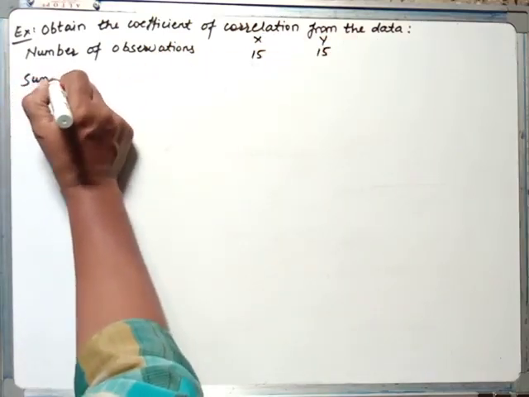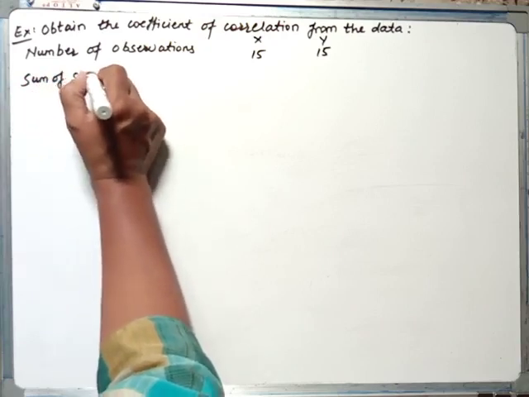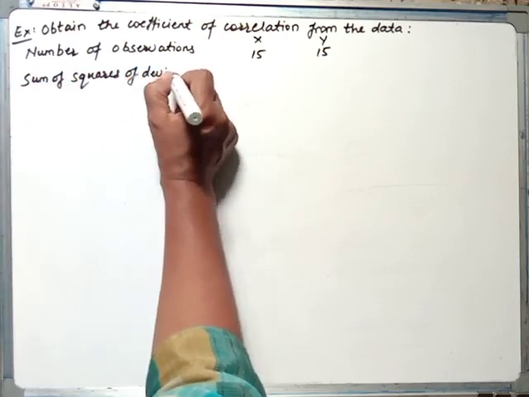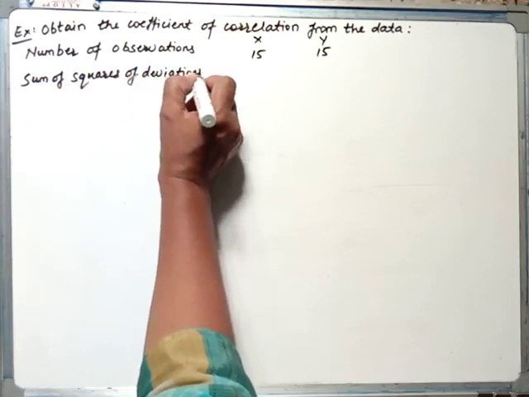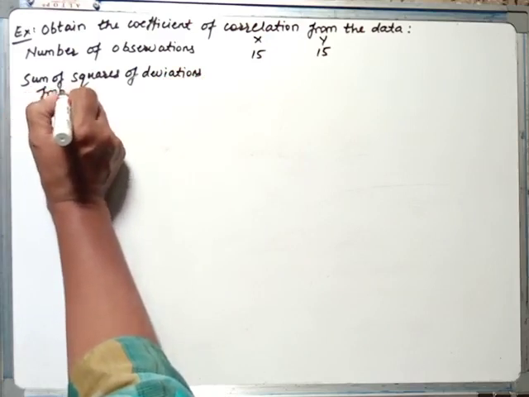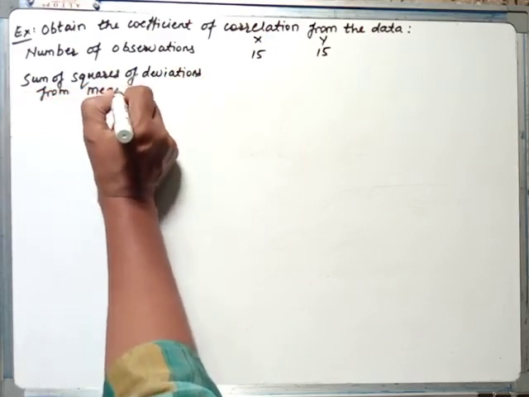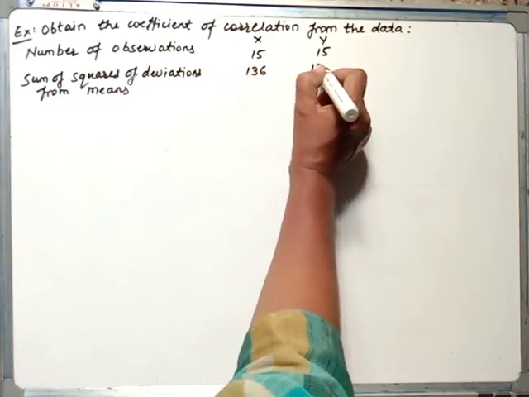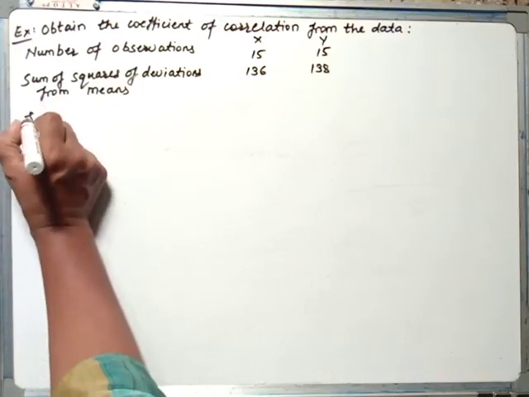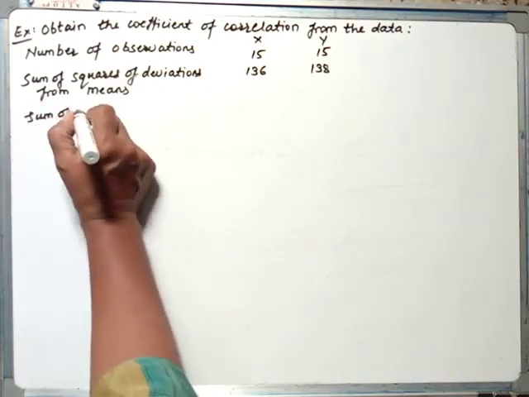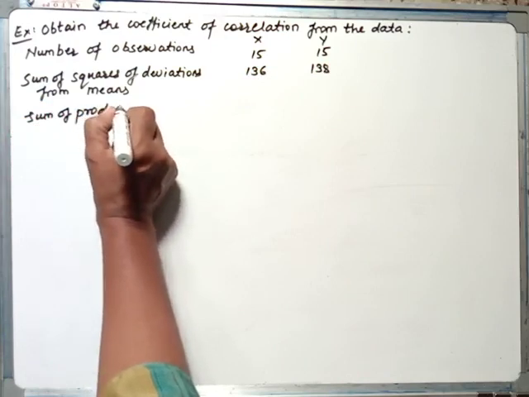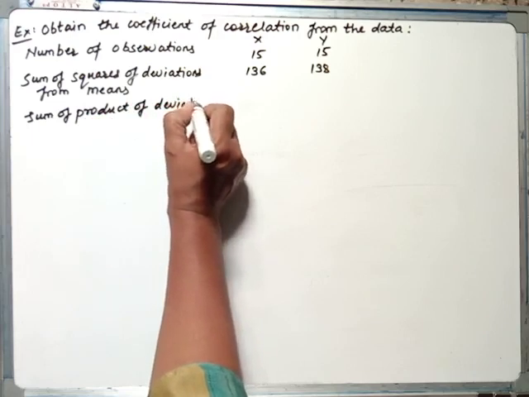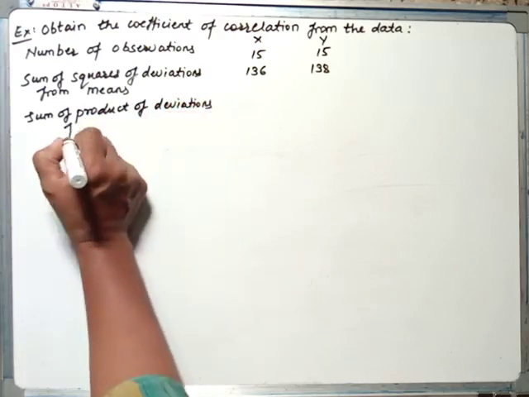Sum of squares of deviations from means. Sum of squares of deviation from means is 136 and this is 138. Sum of product of deviations from means.